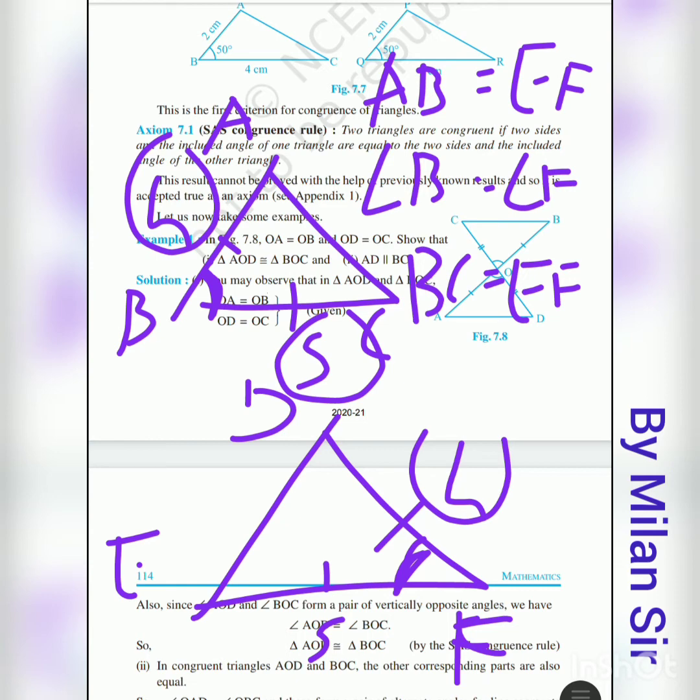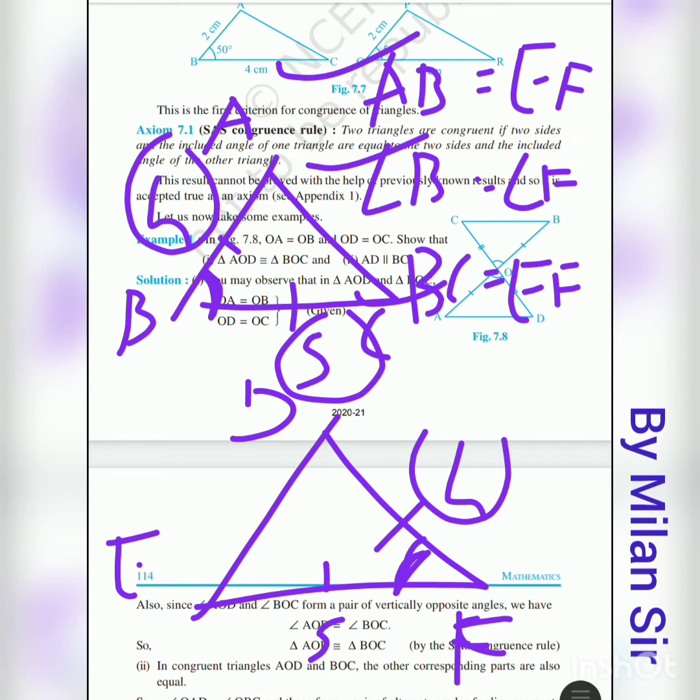So one side equal, one angle equal, and one side equal. So directly, without checking the other parts, we can say that these two triangles are congruent triangles because they follow the side angle side criteria, SAS criteria.